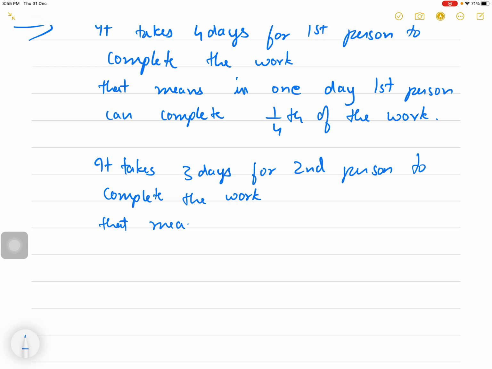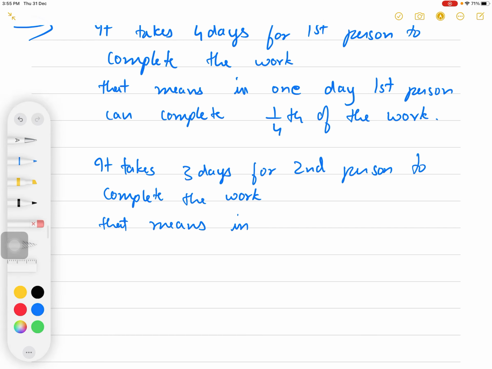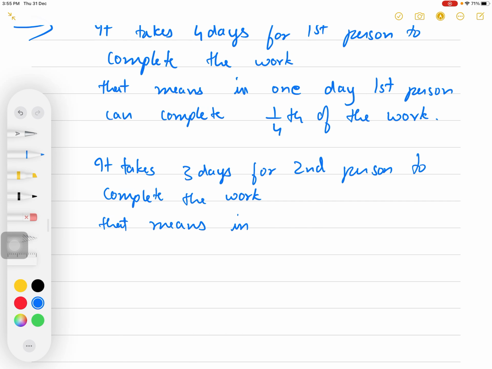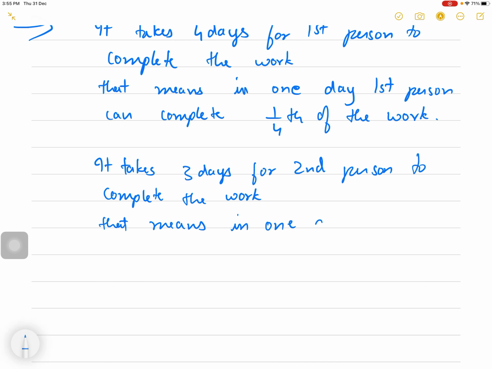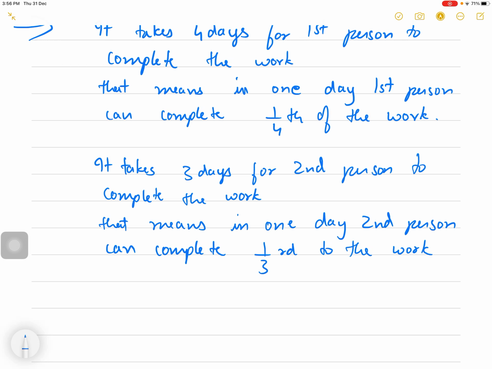That means in one day second person can complete 1/3 of the work.